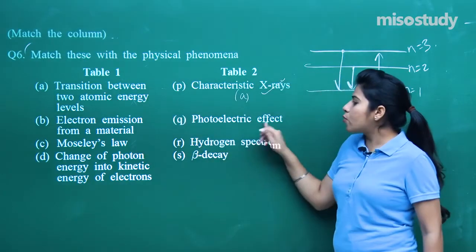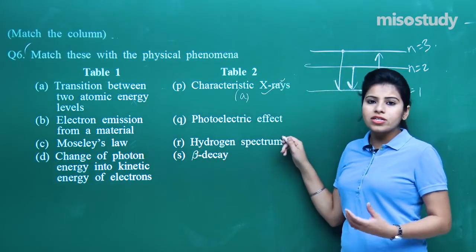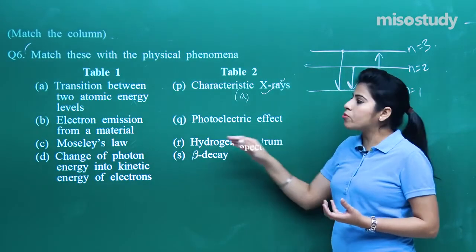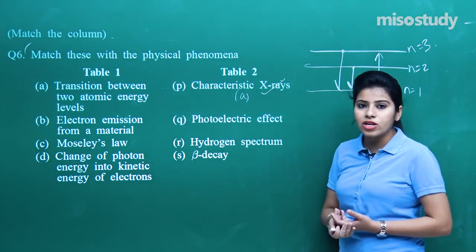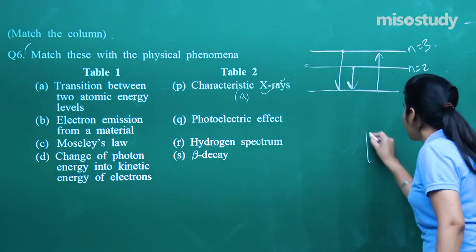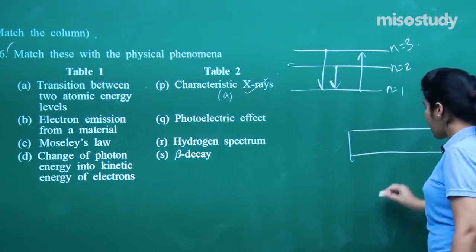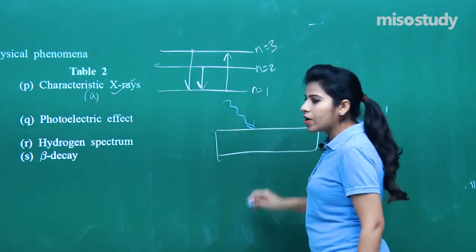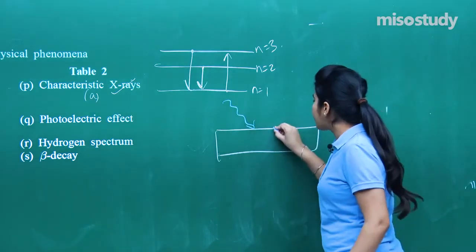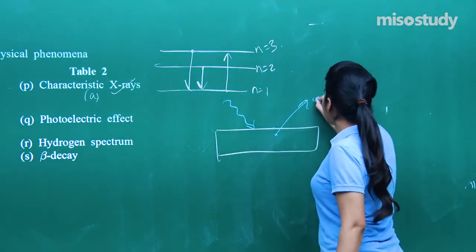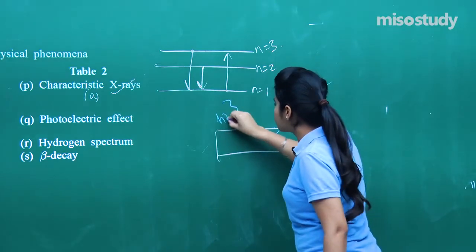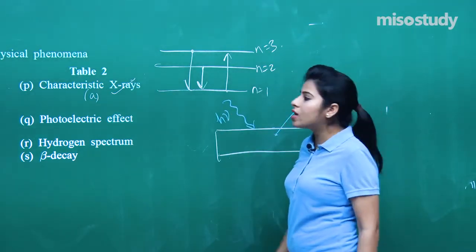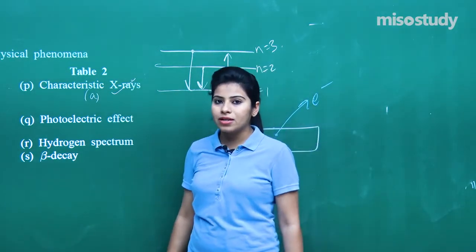And for photoelectric effect, photoelectric effect cannot be considered in the process of transition of atomic energy levels, because we know that photoelectric effect is when the radiation is coming and hitting the metal surface, some electrons will be getting ejected. So these are the electrons that are getting emitted. So this is not the transition between two atomic energy levels.